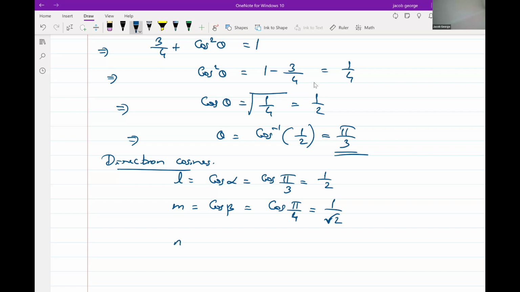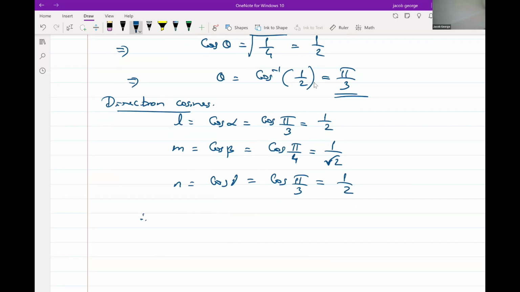And N is equal to cos gamma, which is cos pi by 3, again 1 by 2. Therefore, vector A is equal to L i cap plus M j cap plus N k cap. That is equal to 1 by 2 i cap plus 1 by root 2 j cap.